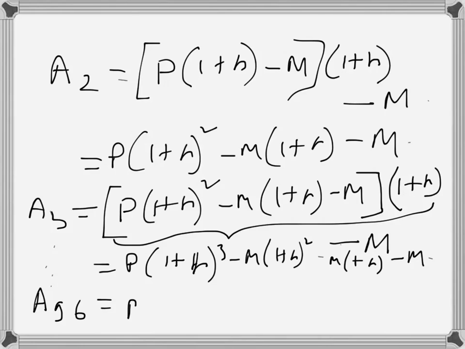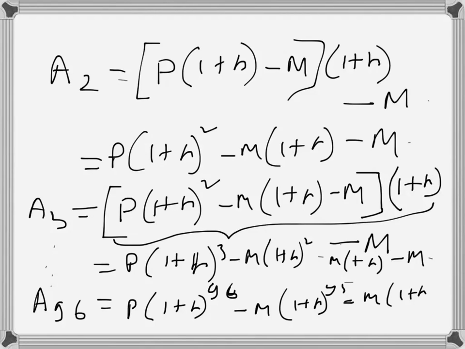So we can write the series: A96 will be P(1 + R)^96 minus M(1 + R)^95 minus M(1 + R)^94, and so on, finally just M there.